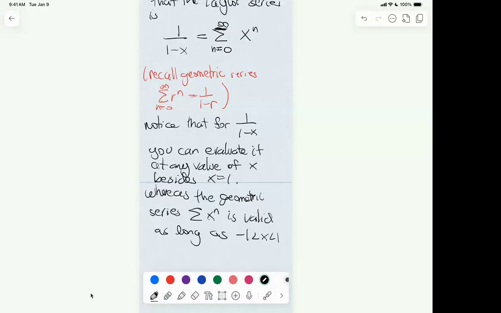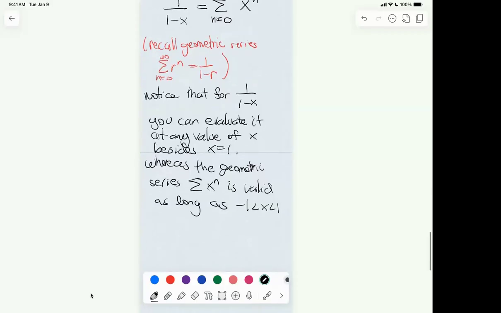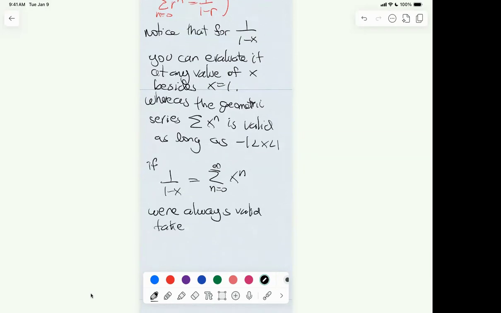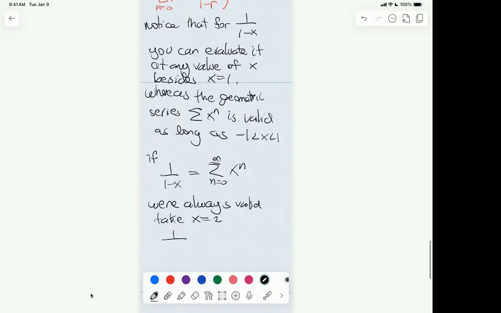It's not like you can equate the two, because, for example, if you take x equals 2, actually, this is a super extreme example. Imagine you thought that this were always valid. What happens if you take x equals 2? You would get 1/1 minus 2 equals a sum of positive things, right? 1/1 minus 2 is -1.